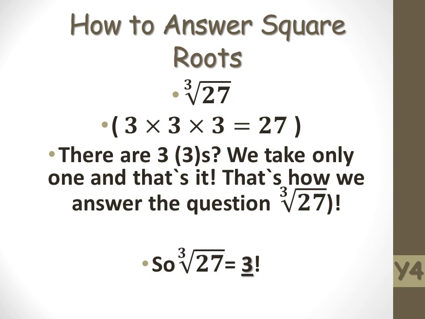Now, decomposing the answer. We decomposed the square root. We regrouped the equation to the answer of the cube root. So the question first began as the cube root of 27. We broke it down to 3 times 3 times 3 equals 27.